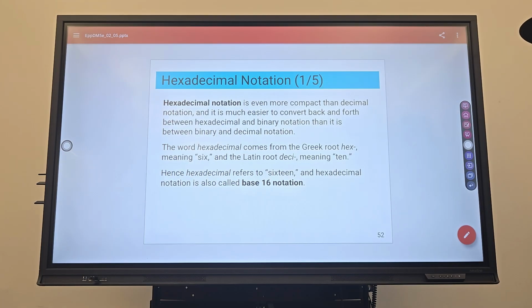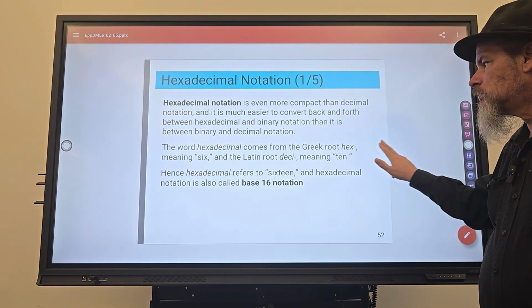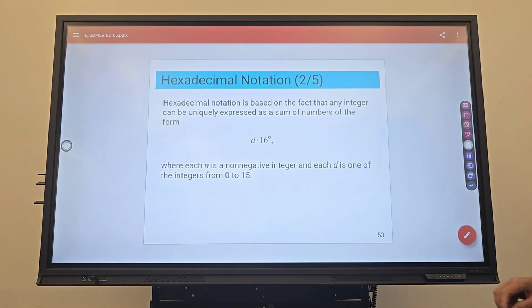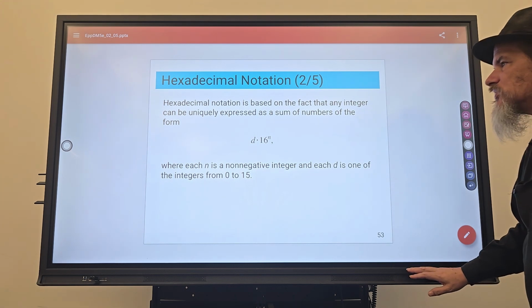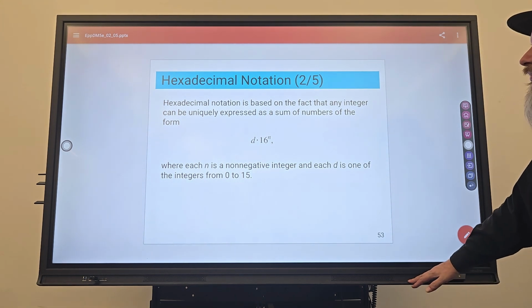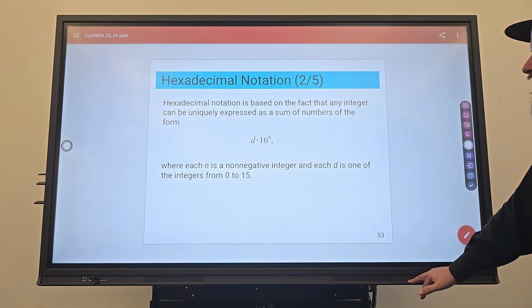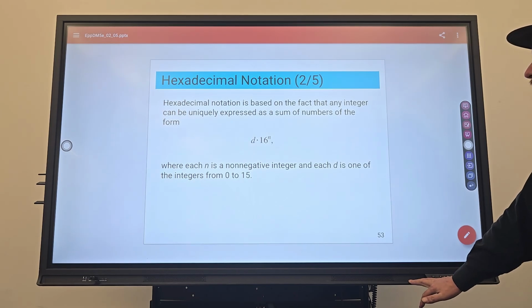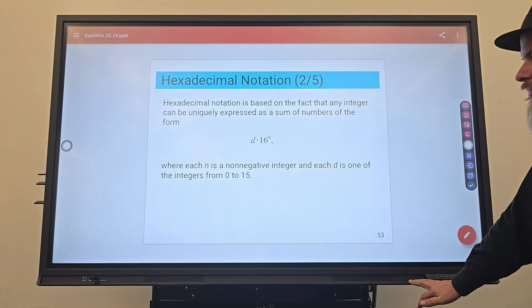Hexadecimal refers to base 16 notation. Hexadecimal notation is based on the fact that any integer can be uniquely expressed as a sum of numbers of the form d times 16 to the n, where n is a non-negative integer and each d is one of the integers from 0 to 15.